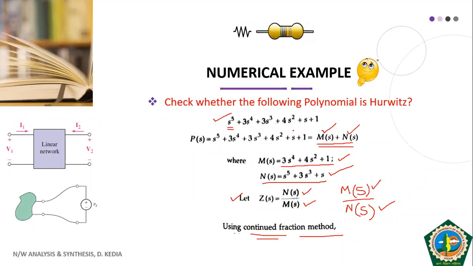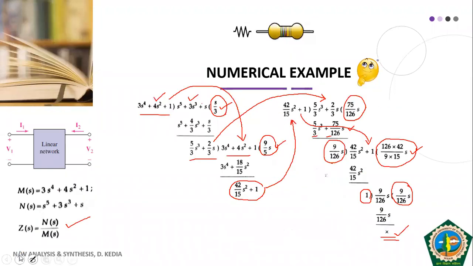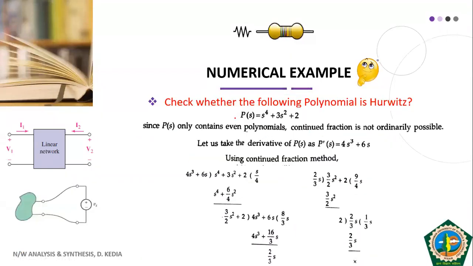And I told you that in checking the stability or judging the nature of the polynomial, we should either have all the terms present, or only odd or only even. So in this numerical that I am now considering, I have taken a polynomial where only the even terms are present. All the odd terms are missing. So this polynomial is acceptable because all even terms are present.